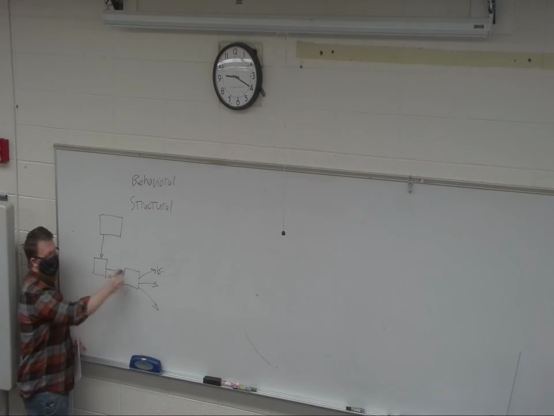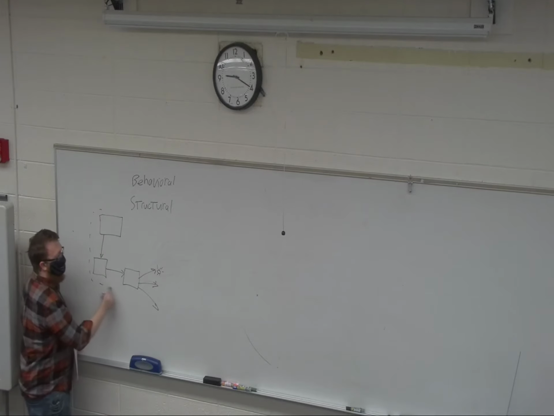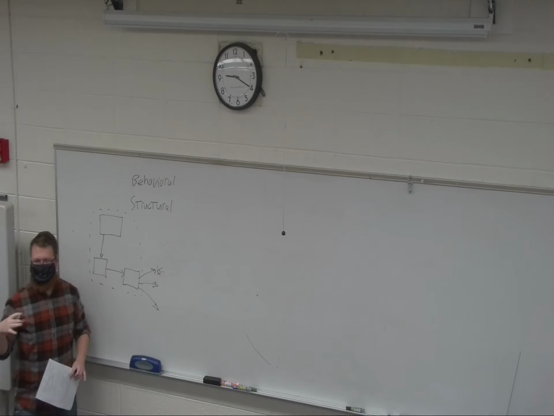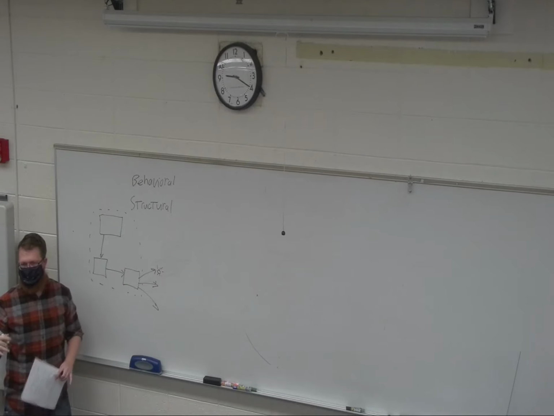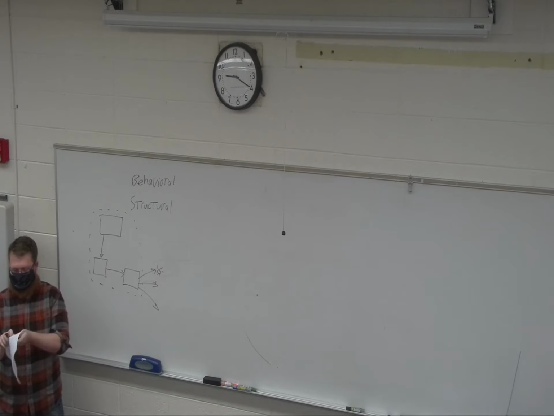You're going to write each of these modules separately, usually in behavioral, and then you're going to write some structural to tell them how to connect these together. That's generally how we structure VHDL, which is pretty convenient for debugging later.